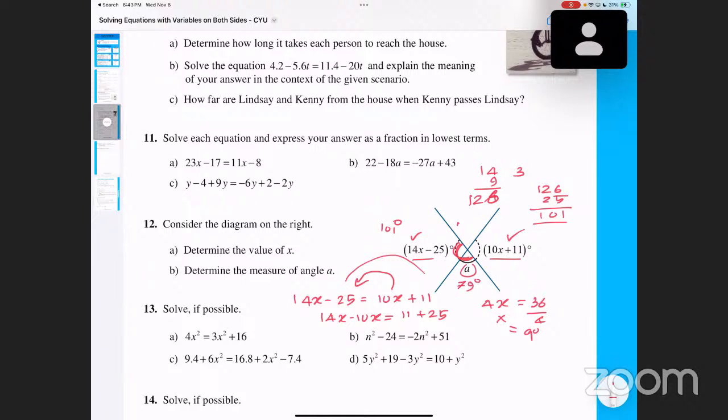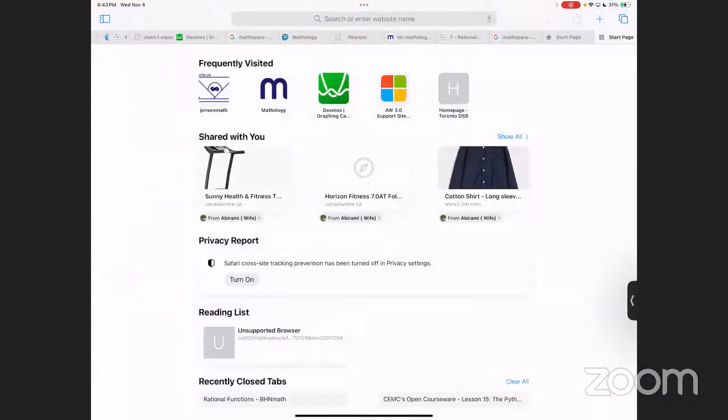All right, guys. My unit is to teach you about working with geometry. So I'm going to move on to my geometry lesson today.